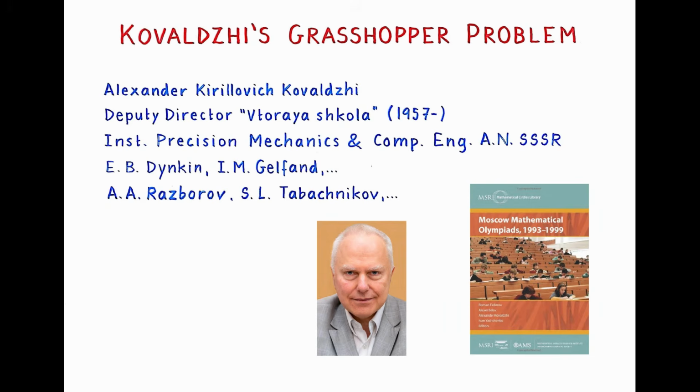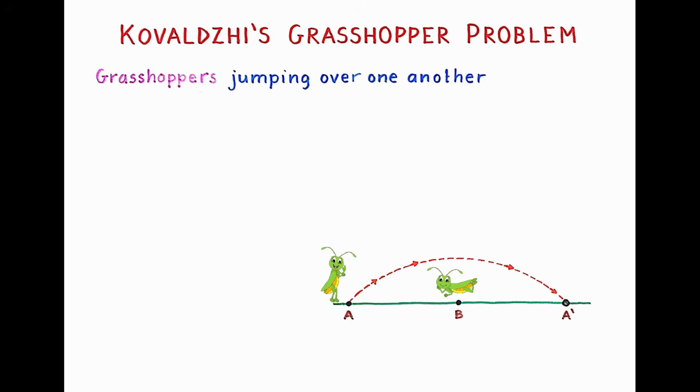So one of the problems of Kovaldzhi that I would like to tell you is a high school competition problem. It's a beautiful problem. Let me tell you the problem, and if you don't want to listen to the solution, then you close your eyes and ears.